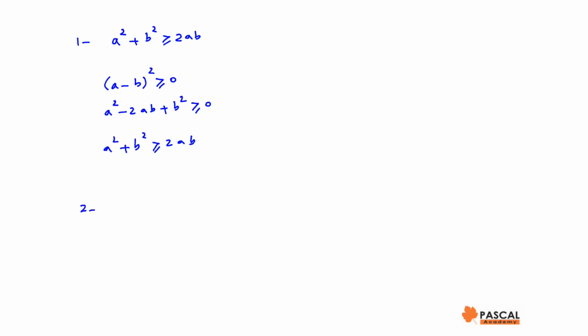Next example. Let's see for what values of x absolute value of x is smaller than a, if a is a positive real number. Let's use a geometric approach to answer this question. Absolute value of x is smaller than a.